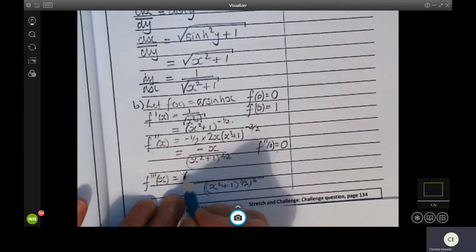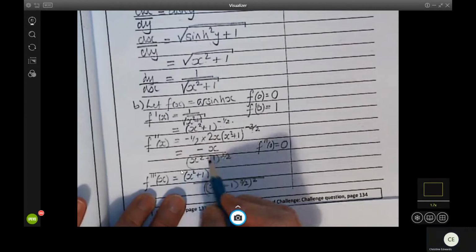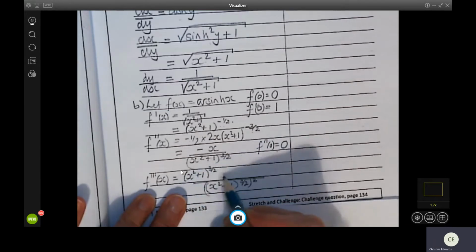Bring the bracket x squared plus 1 to 3 over 2 onto the top. Multiply it by the differential of the function on the top, so that's going to be multiplied by minus 1.